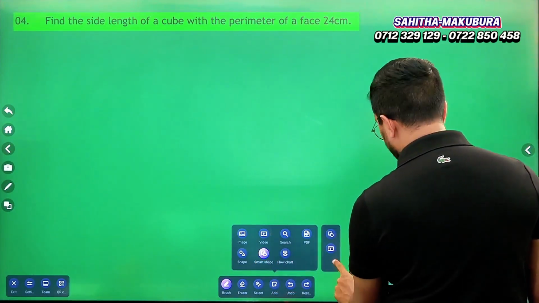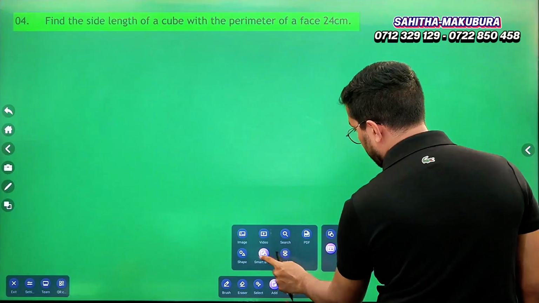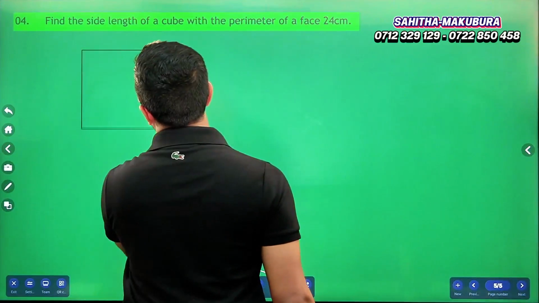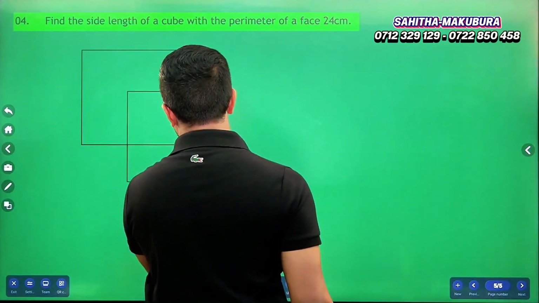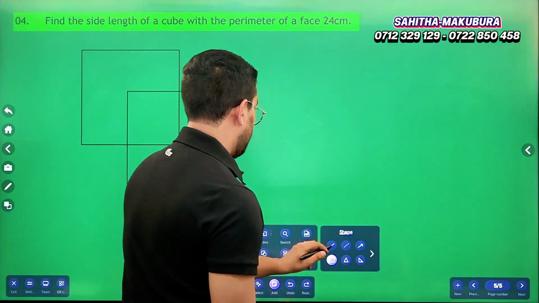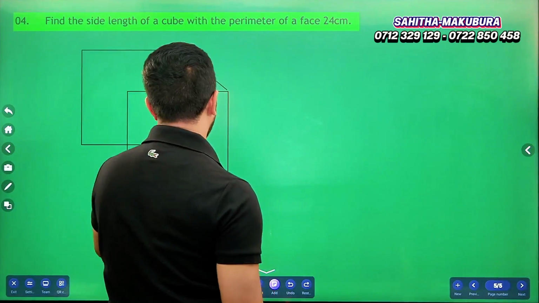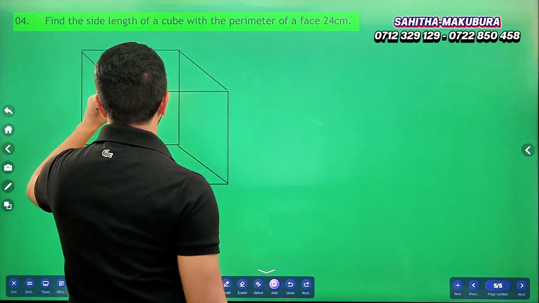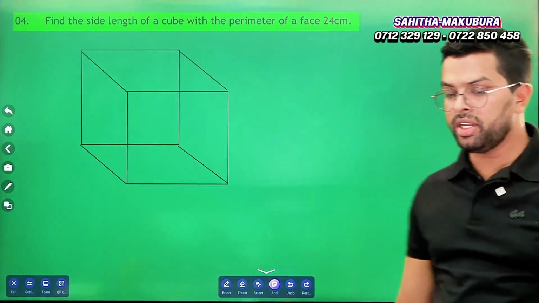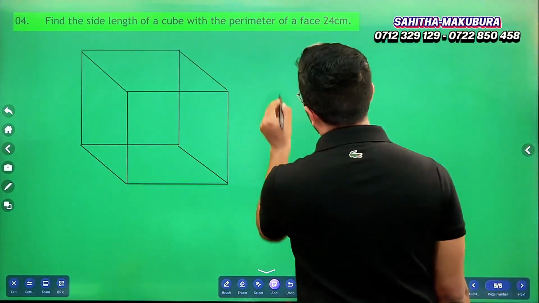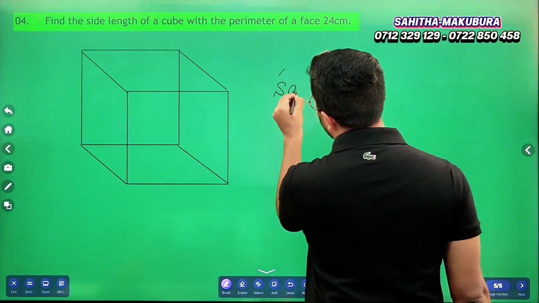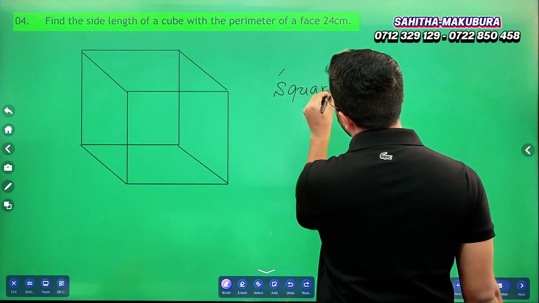Let's consider this cube. Now, when it comes to a cube, what is the shape of a face of a cube? The shape of a face of a cube is a square.